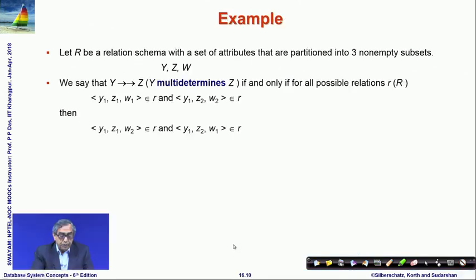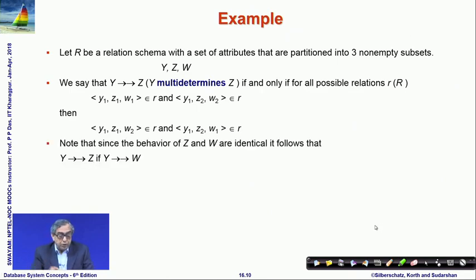So, this is just to tell you, if you have 3 non-empty sets of attributes y, z and w, then we say y multi-determines z if and only if these are the possible relations that I can have: y1 and z1 w1 in a relation and y1 and z2 w2 in the relation. Then I can have y1 z1 with w2 and y1 z2 with w1. That is, you can basically take the cross product of these other 2 attributes, and those are possible tuples in your relation.